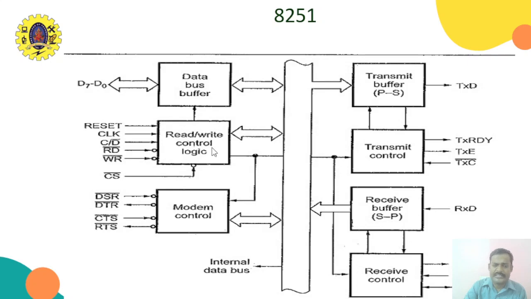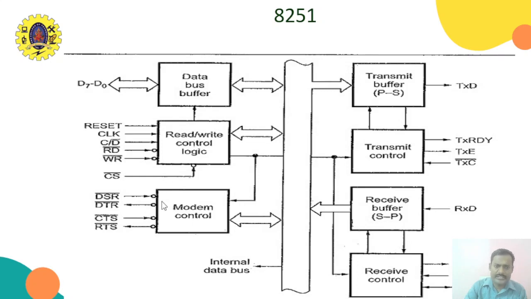Reset is for resetting the system, clock is for giving clock pulses, and C bar D is for selecting between a control word or data word. The read signal is for a read operation, and the write signal is for a write operation. This is CS, chip select. The remaining address lines will be connected to this chip select by enabling suitable addresses.